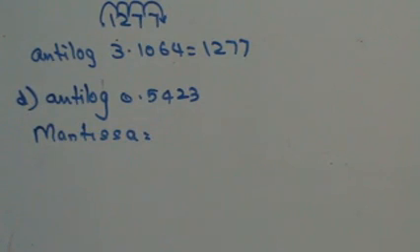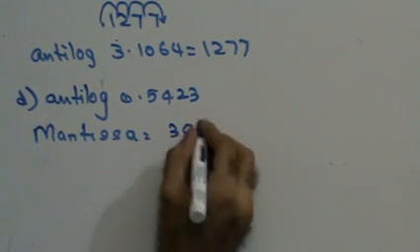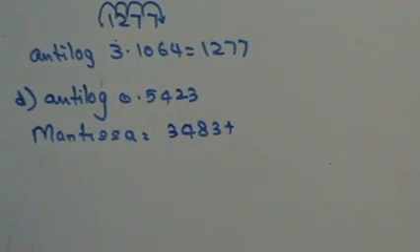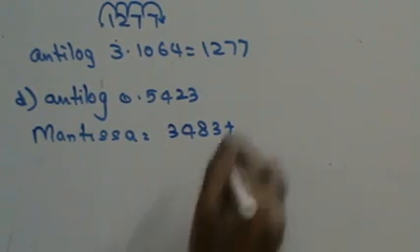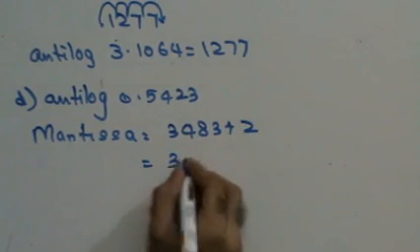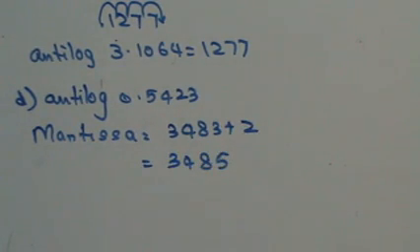In the antilog table, to the extreme left 54, and then in the second column 2 is 3483. Right, and in the mean difference 3, mean difference for 3 is 2, so this will be 3485.